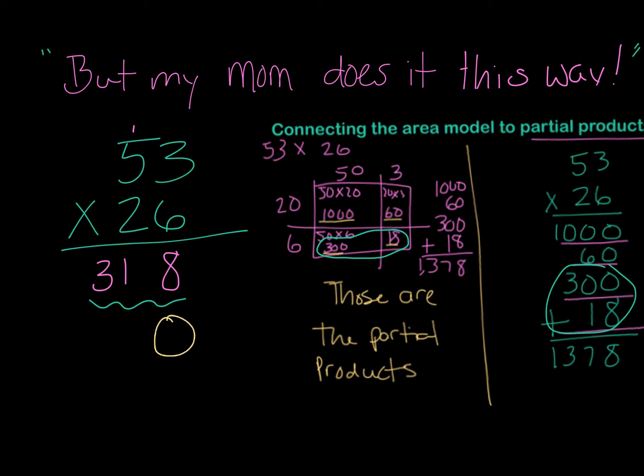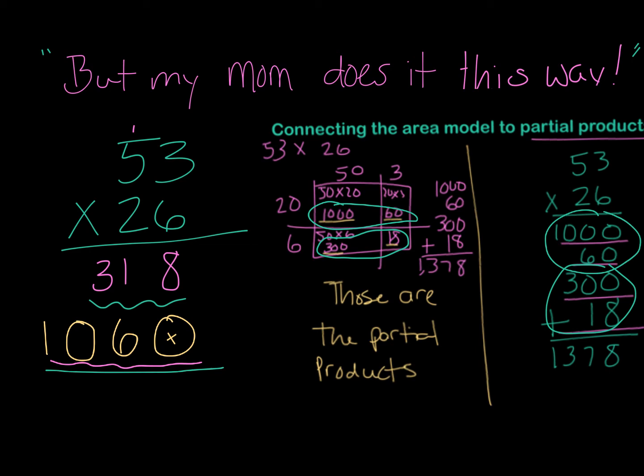Remember, that's 20 times 3, so it's going to give us 60. There's the 0 for 60. There's 6. And then 2 times 5 is 10. And we add those up, and that 1060 is right there in your area model, and it's right here in your partial products model.